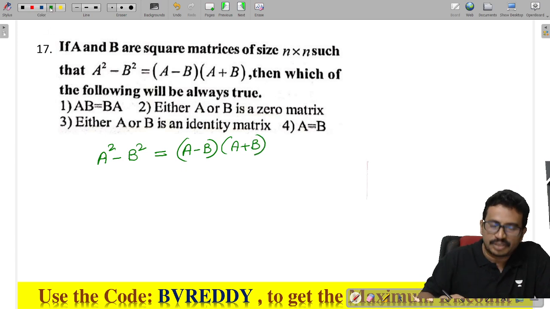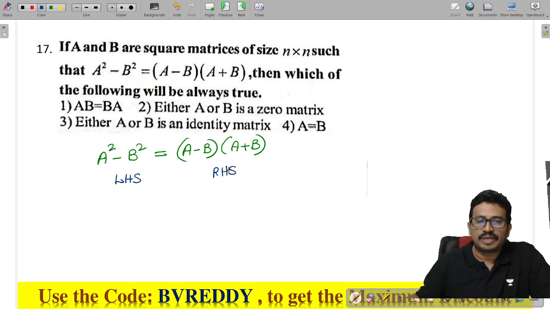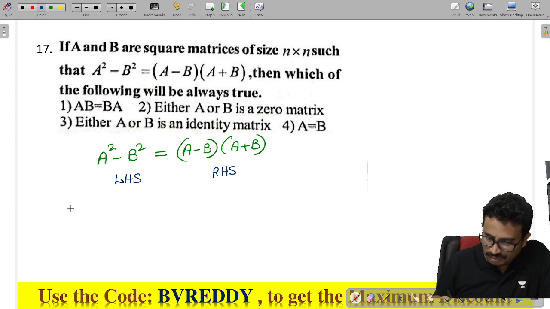As we have considered, this is my LHS and this is my RHS. Now I am considering the RHS. From this, let us prove the RHS is the same as LHS.